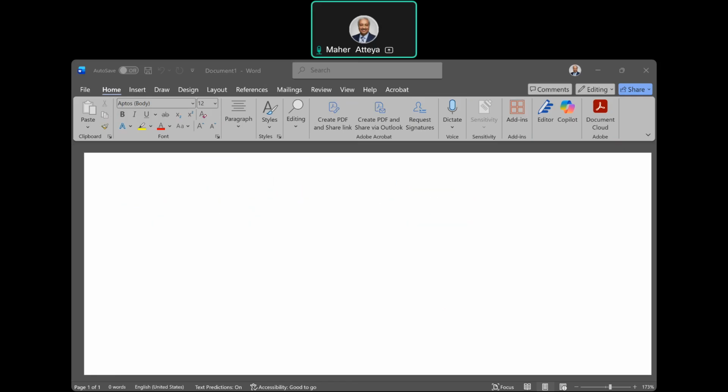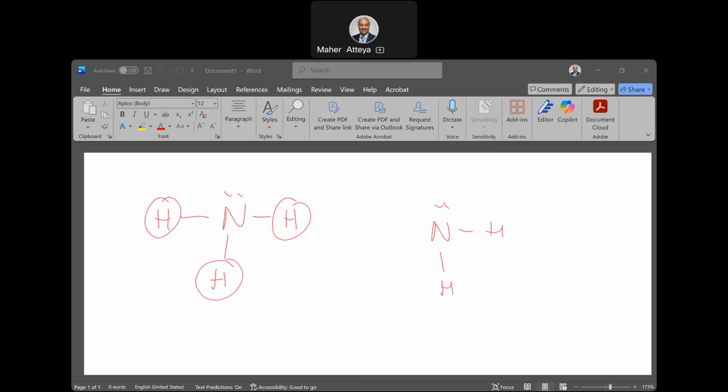Amines and amides. First of all, the types of amines: we have three types, primary, secondary, and tertiary. An amine is a relative of ammonia. So this is ammonia here, and then you replace the hydrogens with an organic functional group. If I replace only one hydrogen, say with one methyl, CH3, this is called primary.